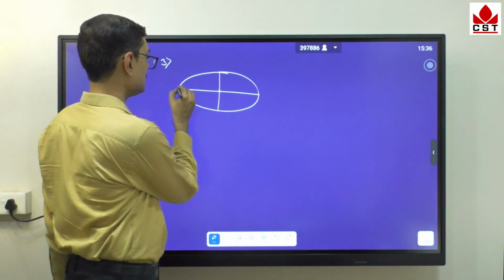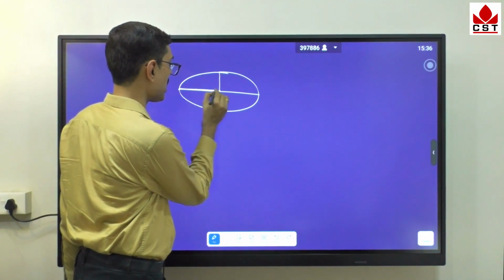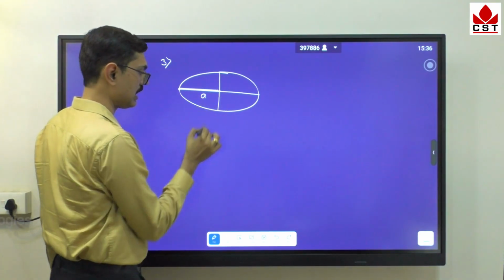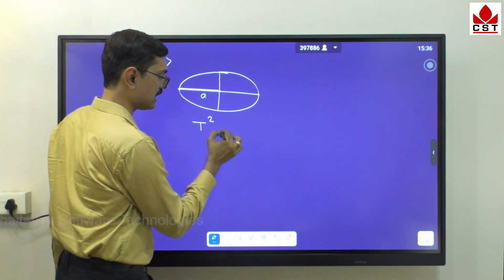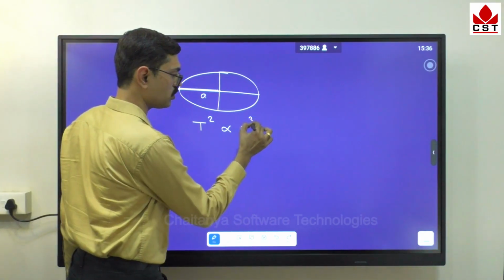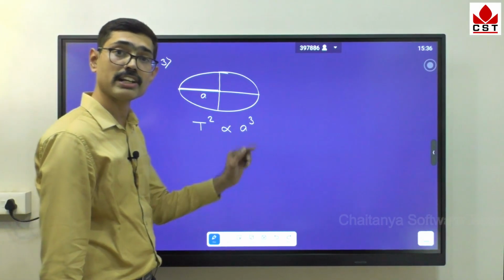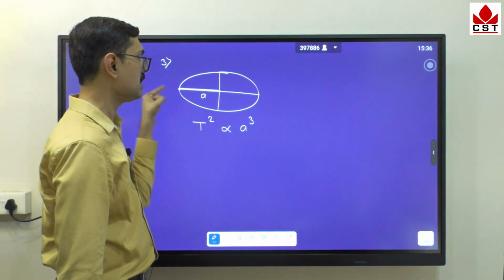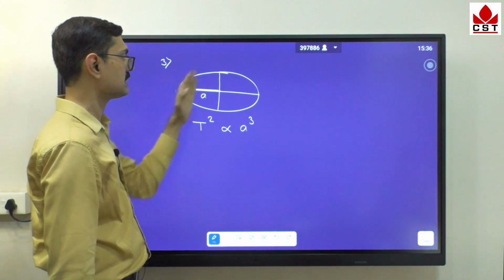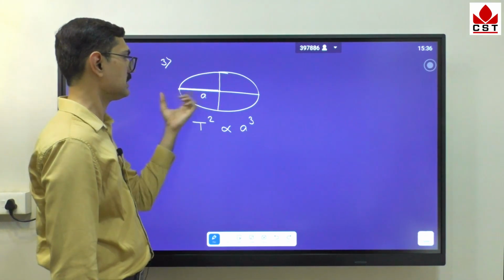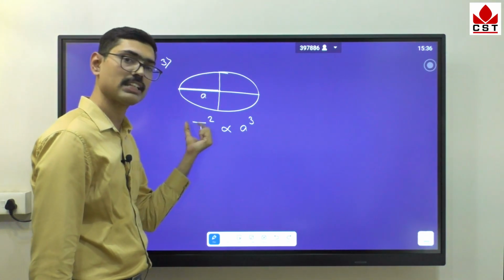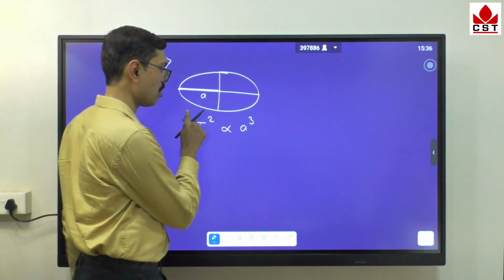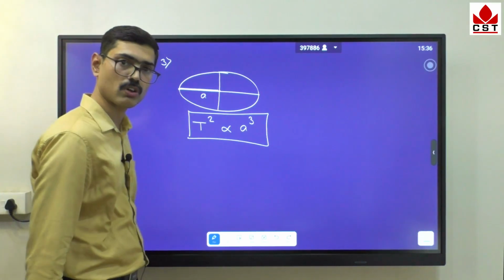The distance from here is known as the semi-major axis, indicated by a, and the square of the time period is directly proportional to a cube. What is that a? a is not the radius or a normal distance, but half the major axis, the semi-major axis. So T squared is directly proportional to a cubed. That is the basic equation of the third law.